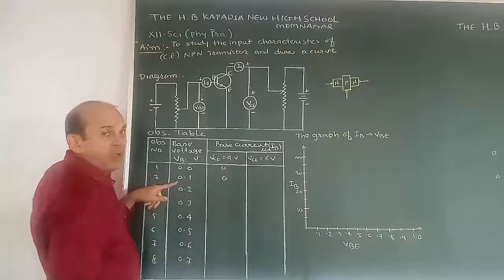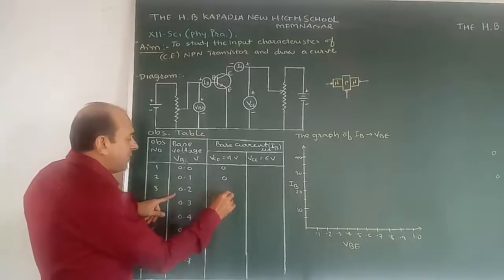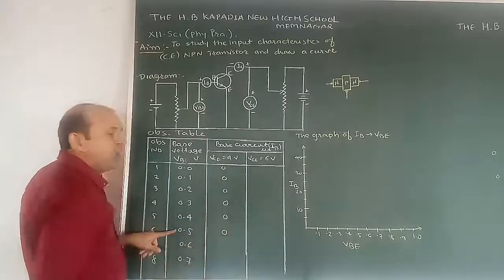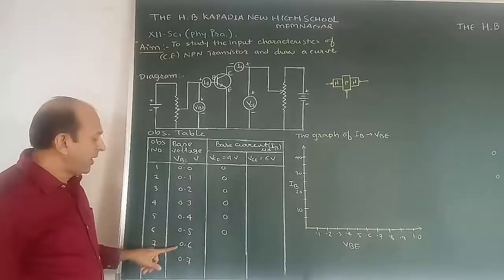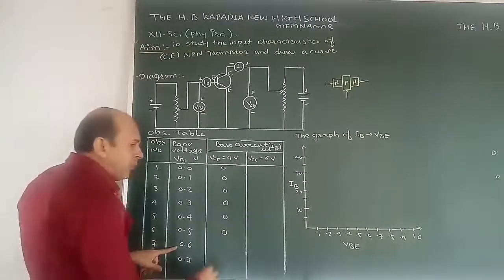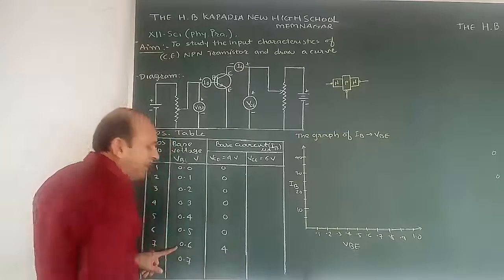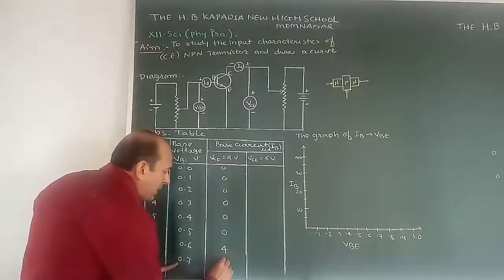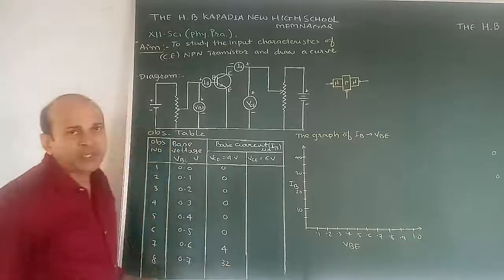Again for 0.1 it was 0, 0.2 it is 0, 0.3 it was 0, 0.4 it was 0, 0.5 still it was 0. Now at 0.6 volt, the current was 4 microampere, and for 0.7 the reading was 32 microampere.